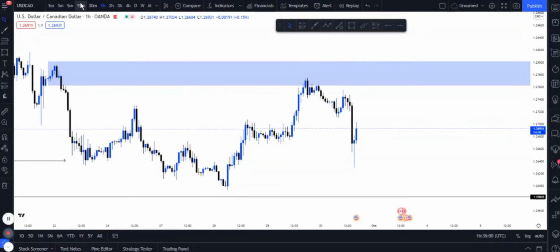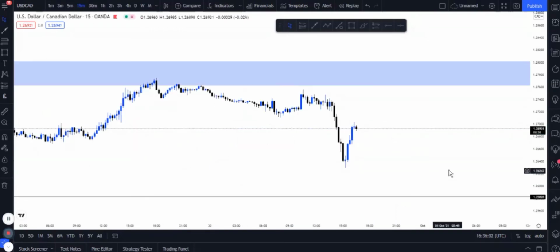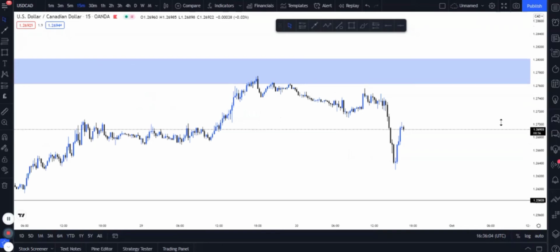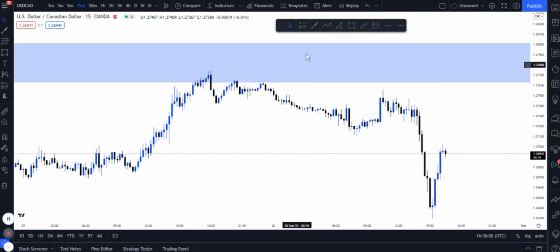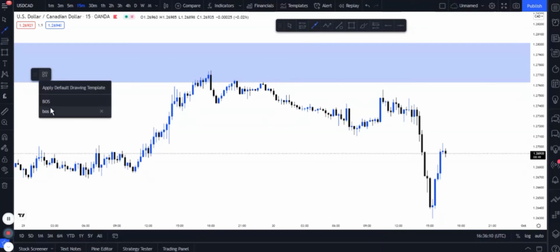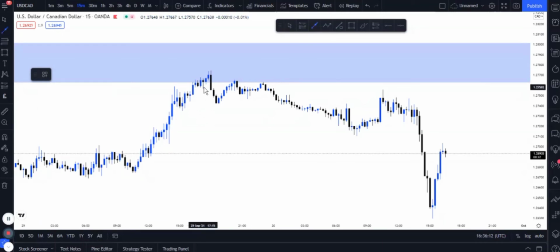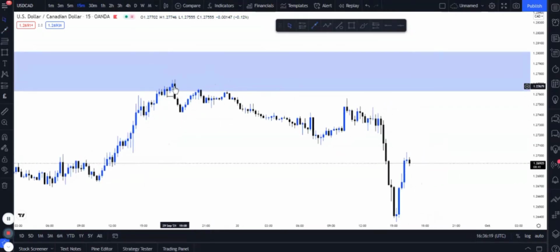So this is where I just went to the hourly time frame, and it's got a lot more interesting. Sorry, it's not so visible in the hourly time frame. It's on the 15-minute time frame.